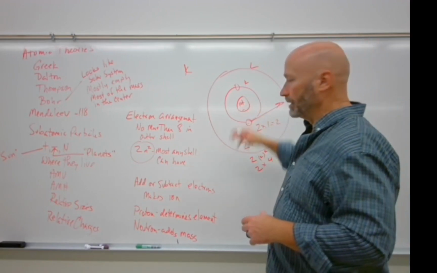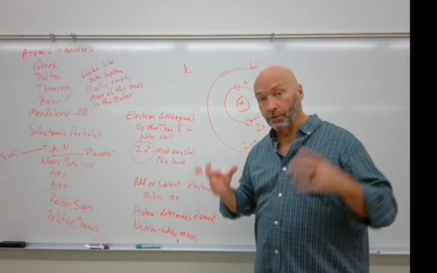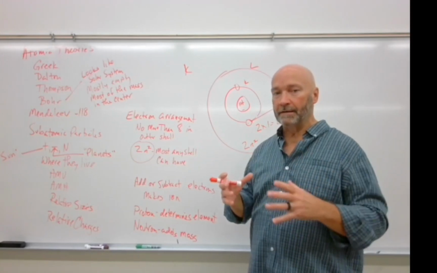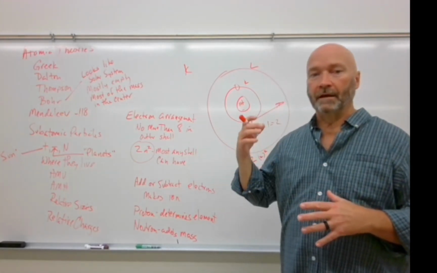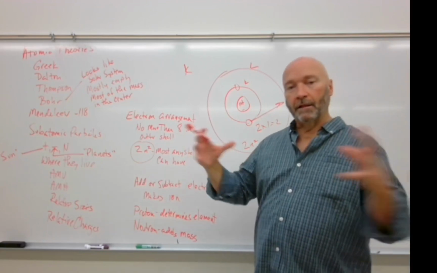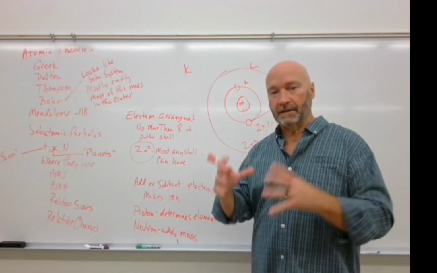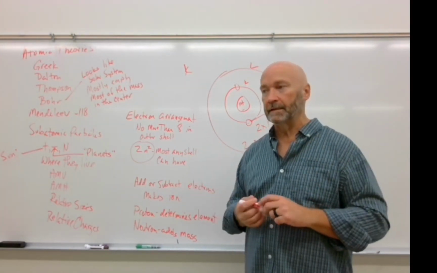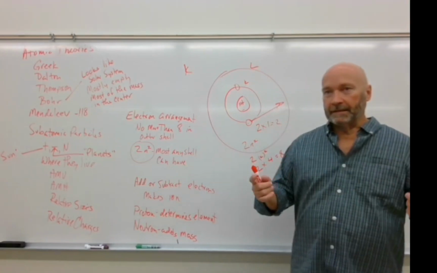So the bigger the nucleus gets, the greater the gravitational pull, so to speak, or the electron binding energy. That's number one. Number two is that the closer the electrons get to the nucleus, the greater the gravitational pull as well, the greater the electron binding energy. So think about this.